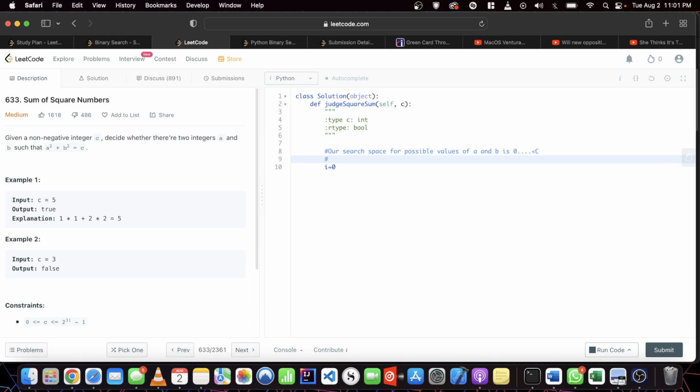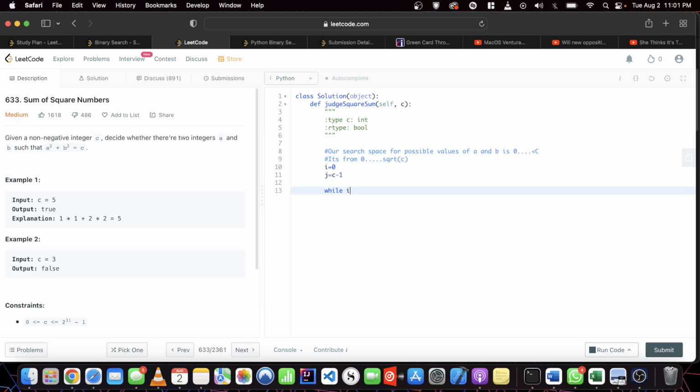Furthermore, the optimization is from 0 to the square root of c. For j, we're going to first do the longer version, and set it equal to c minus 1, because c can never be one of the values a or b.